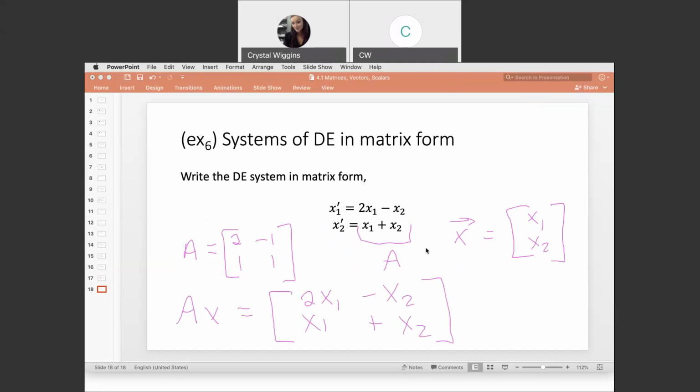And our derivative vector is going to be the derivative of the first term and the derivative of the second term. So the differential equation system becomes x prime is equal to AX.